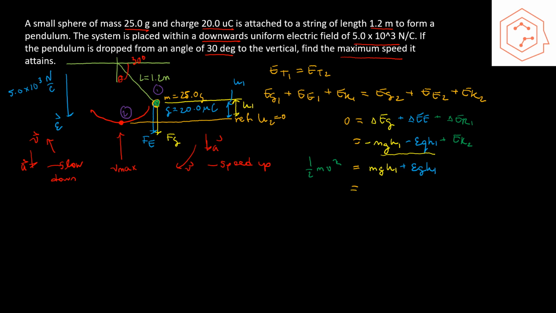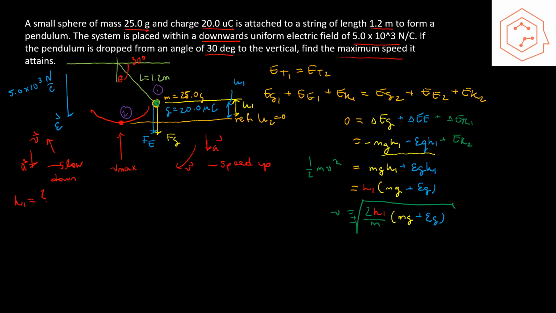So this is equal to h1 times mg plus EQ. And if we want to isolate for velocity, the velocity is equal to 2 times h1 divided by m times mg plus EQ, all square rooted, and since the speed has to be positive, we take the positive root. Now the only thing we need to figure out is what h1 is.